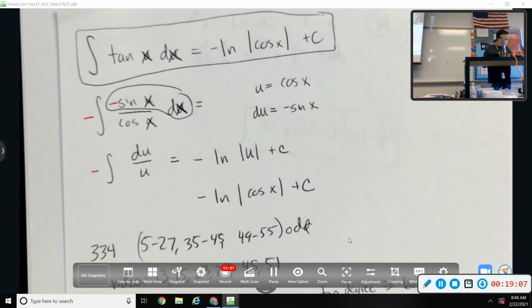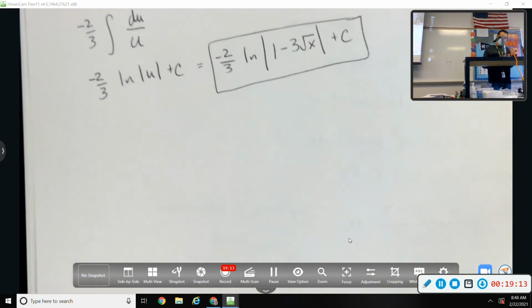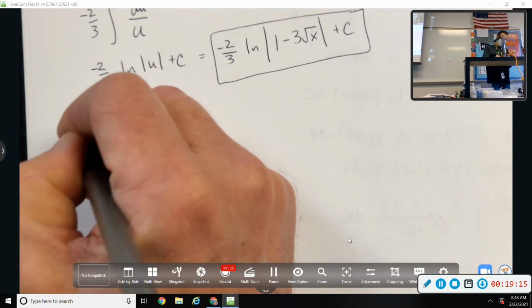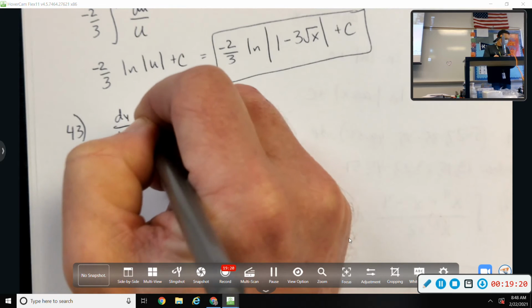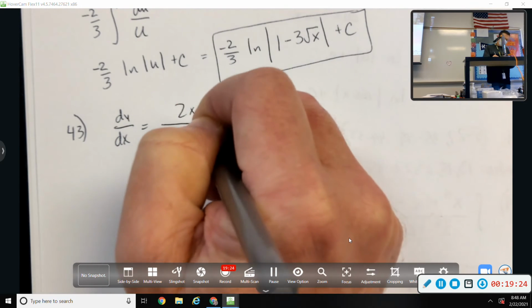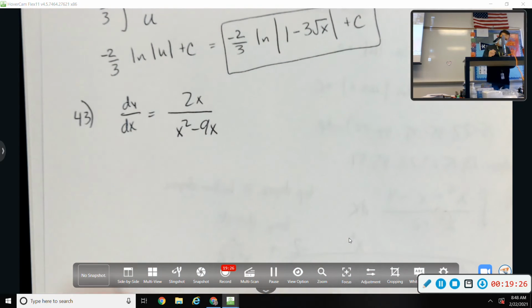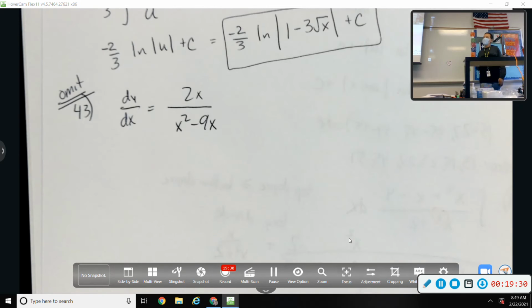By the way, omit 43. I don't know if I said that or not. 43 doesn't work. 43 is beyond what we can do. So we're going to omit that one. You've done enough of these to know how to fix that to make it work for us?